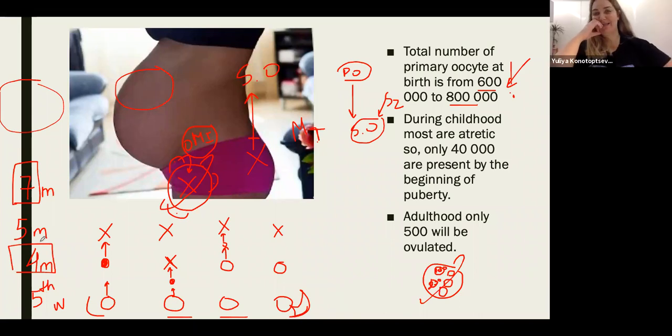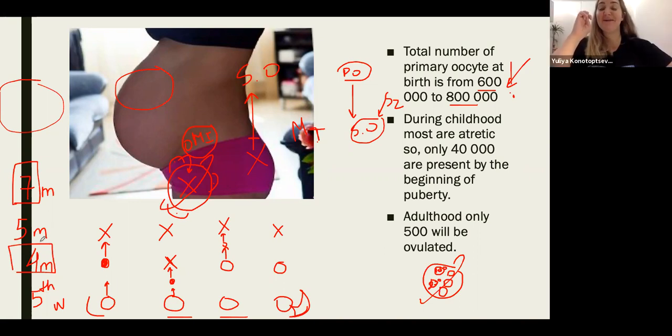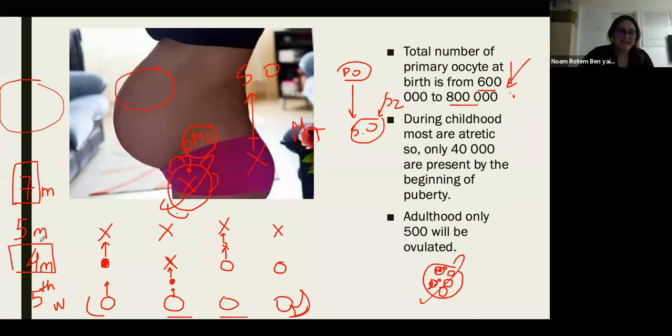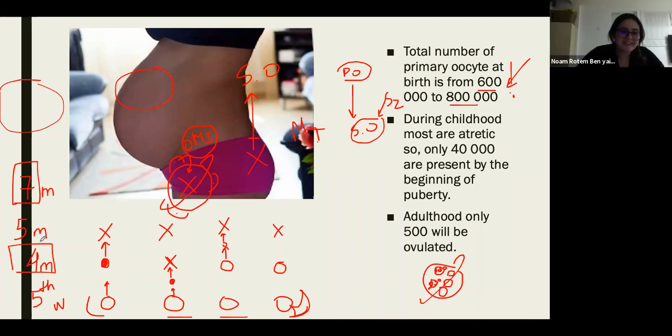How many exactly? 7 million. Yes, 7 million primary oocytes. Is it a lot? Yes. So, apoptosis. How many do we kill? Just give me the whole idea. How many do we kill? 1 per cluster survives. Very good.